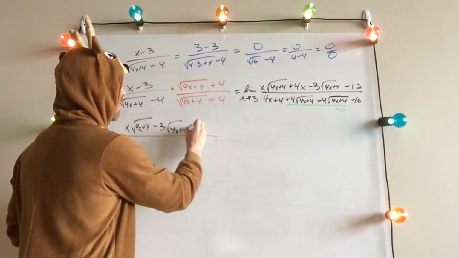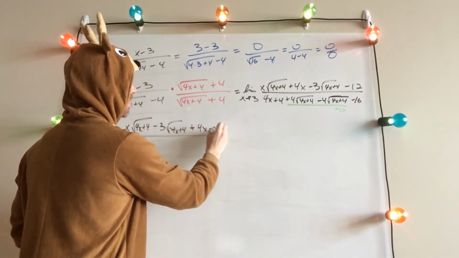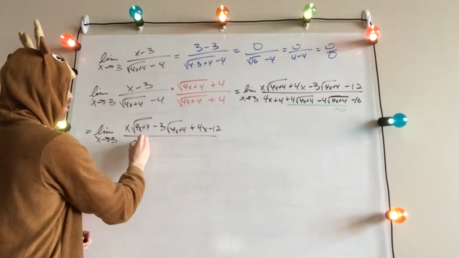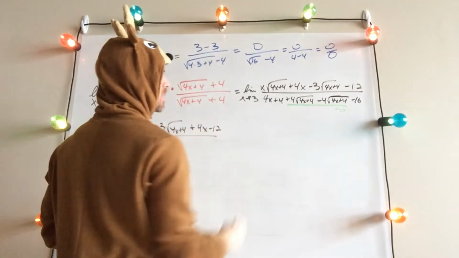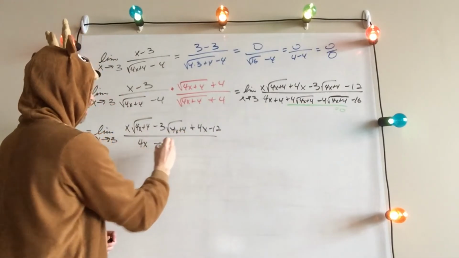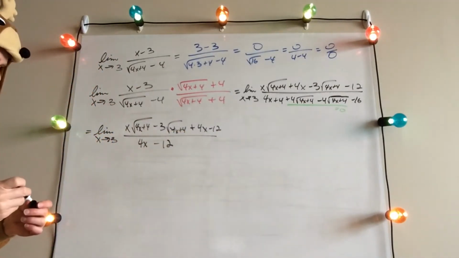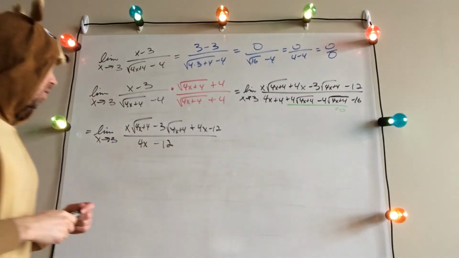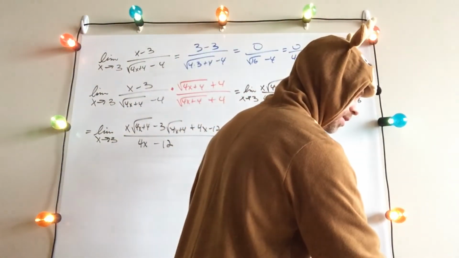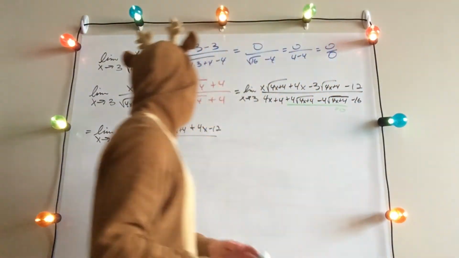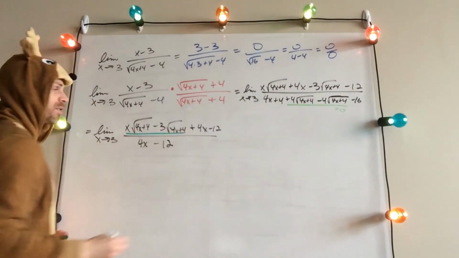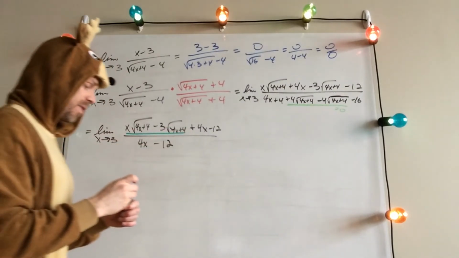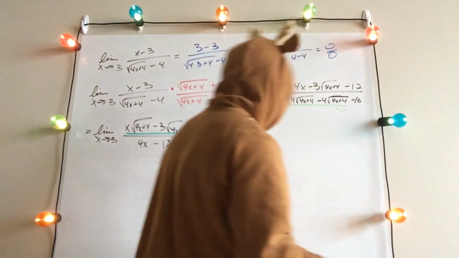And then outside the radical was a 4x and a minus 12. And then down low, we're left with 4x plus 4 minus 16 is a negative 12. Okay, since we have that same radical right there, let's do some factoring by grouping.